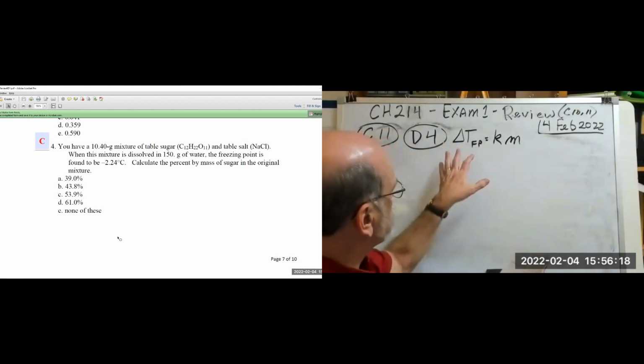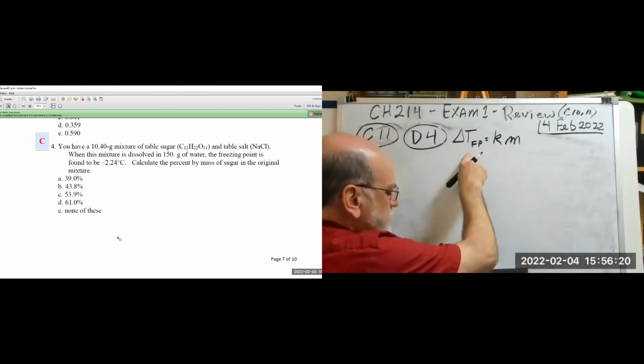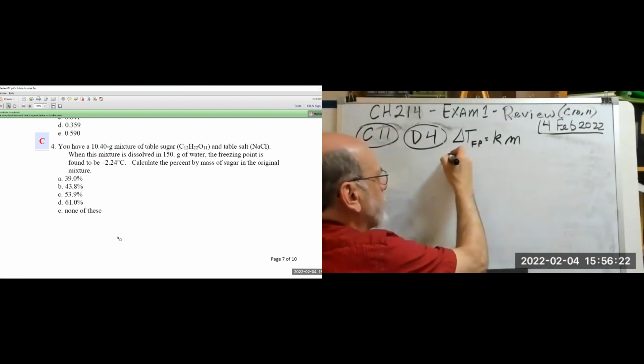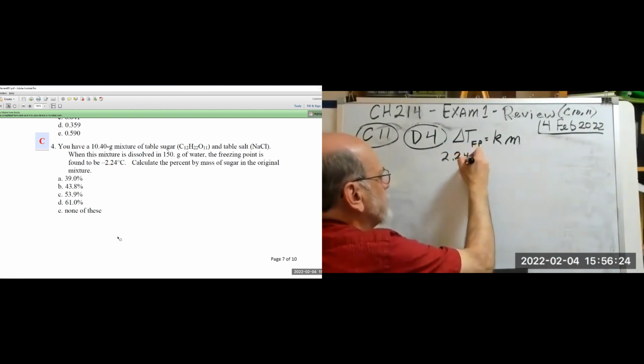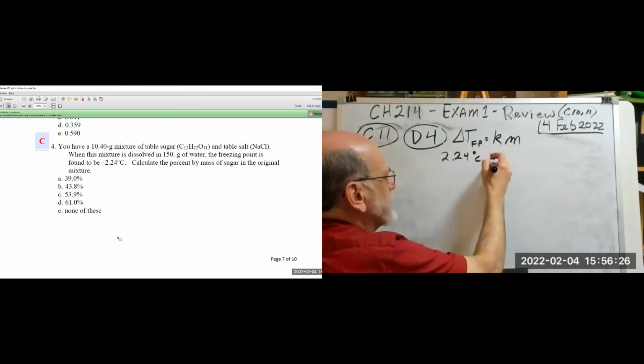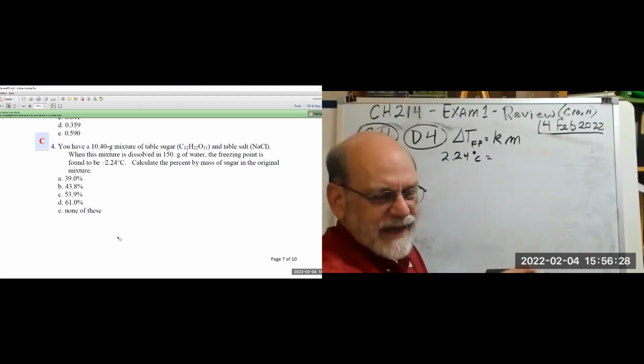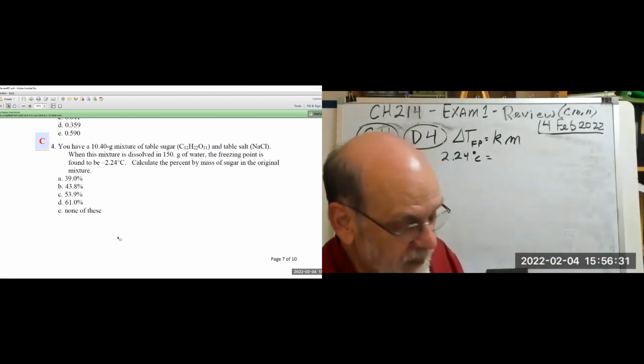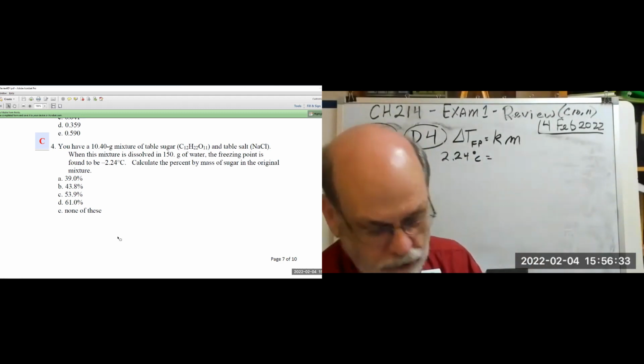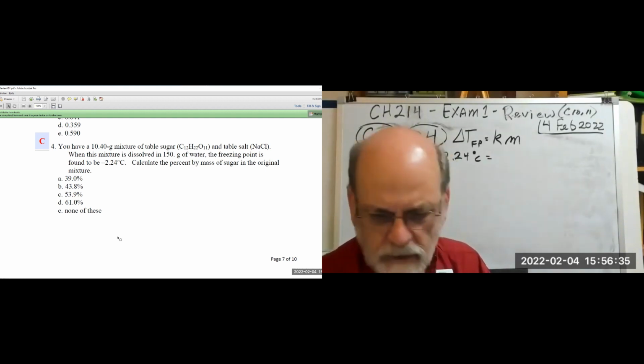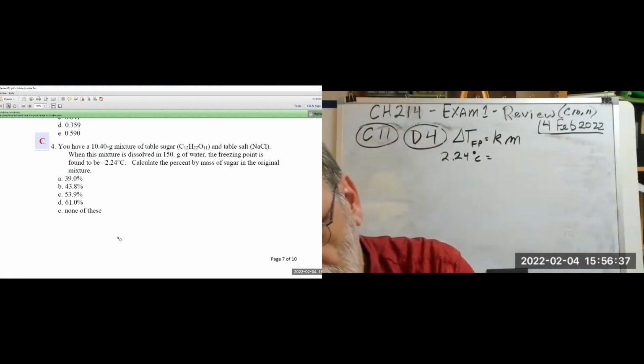Well, in order to use this, we know that delta T is going to be 2.24 degrees Celsius. And we know that the K, actually we have to look up the K for water. It should be in useful information. Let me check to be sure.